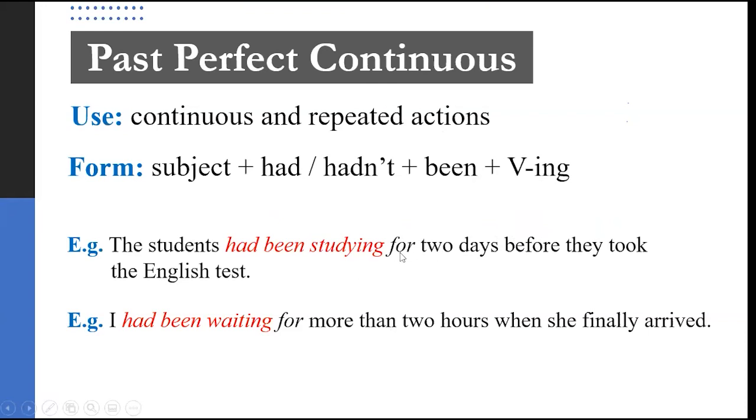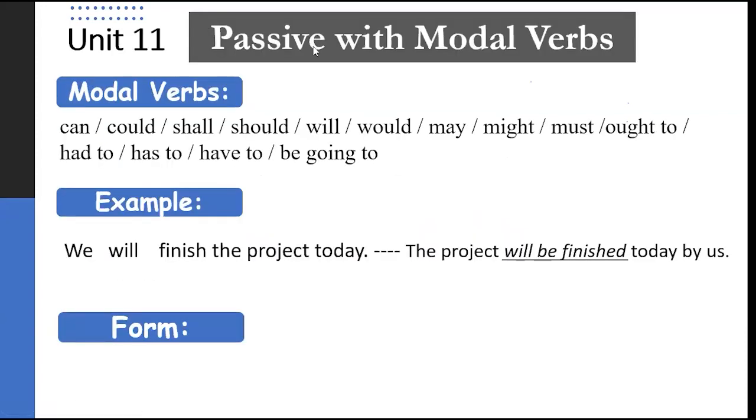ف when I see the keyword also for and I have a 2 days أو ممكن تكون عندي 2 years, 2 months, 2 hours. هذولا كلهم ال hours, ال months, ال years, ال minutes even. These are all periods of time. So that means we have to use the continuous. And the continuous, sorry, I'll have to go back.